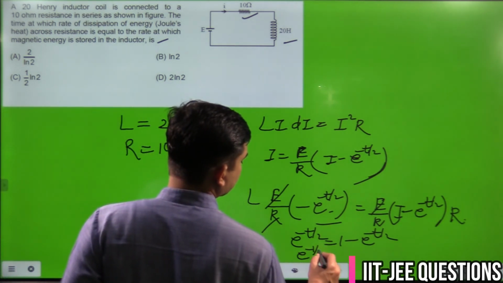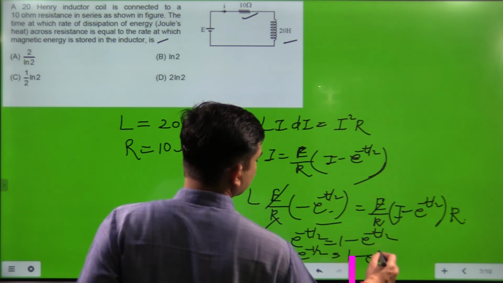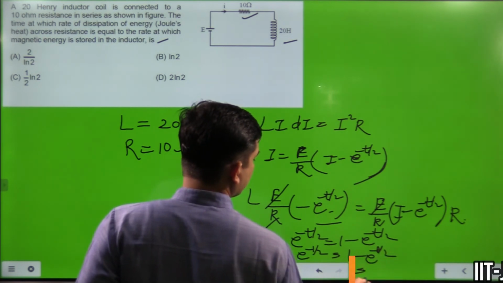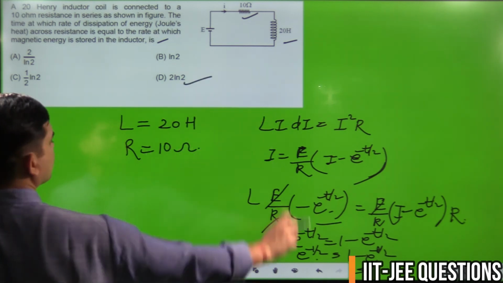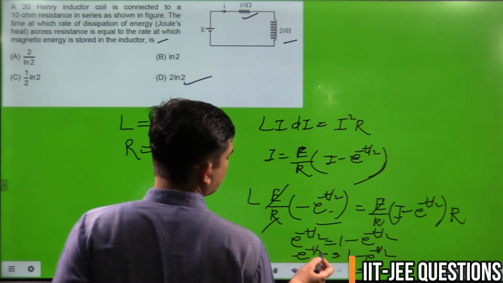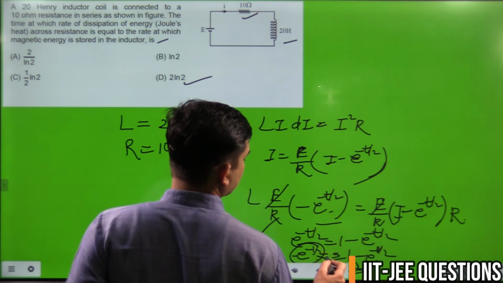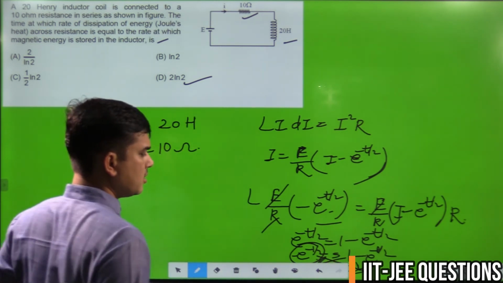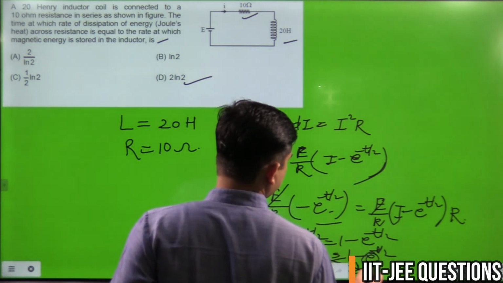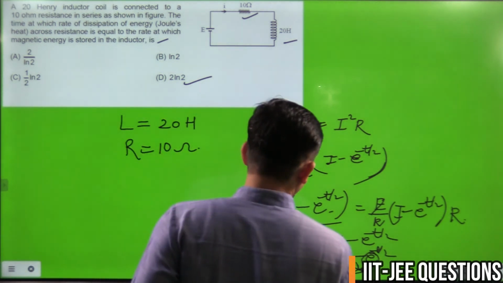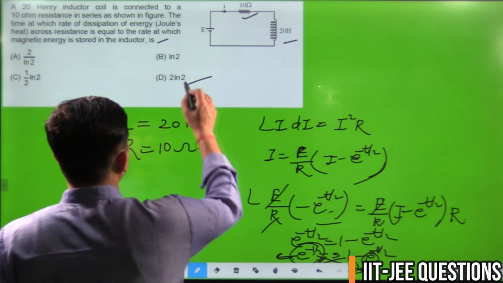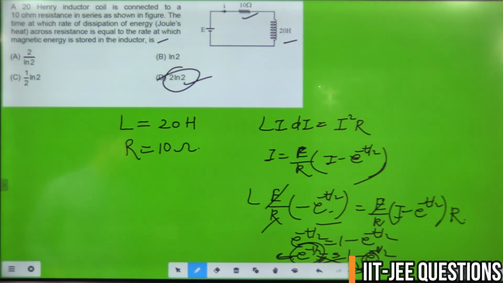So e to the power minus t by 2, 1 minus e to the power minus t by 2, and that will be 2 ln 2, because after interchange the exponential form will convert into logarithm form, and we got option D as the right answer.